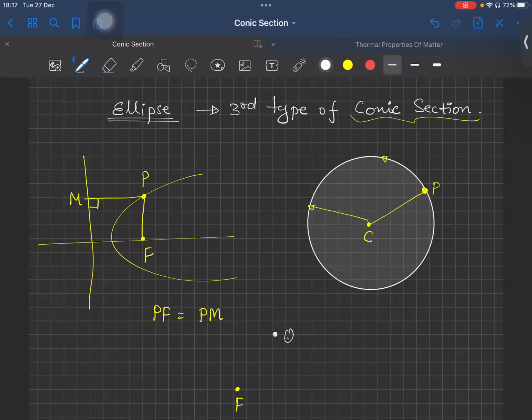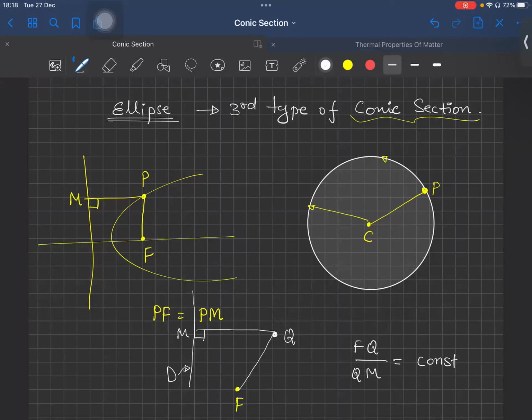Q will move such that if you join FQ and draw a perpendicular QM to some line, called the directrix, the ratio FQ upon QM is always constant.